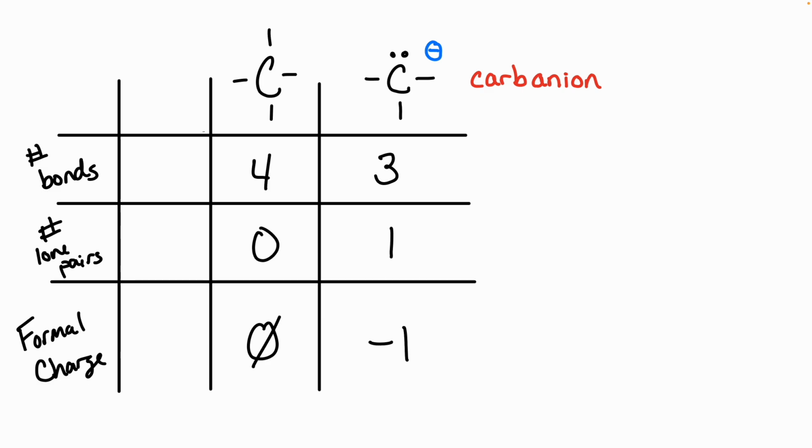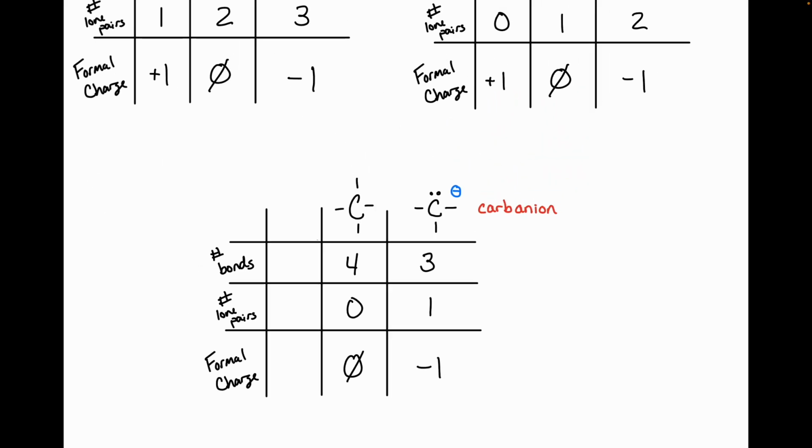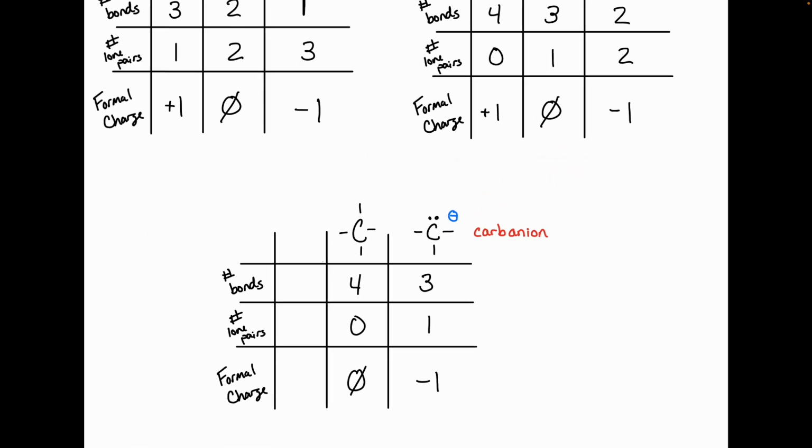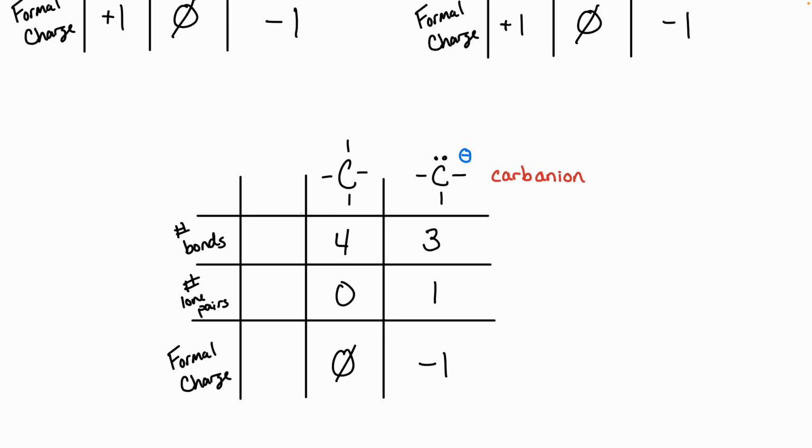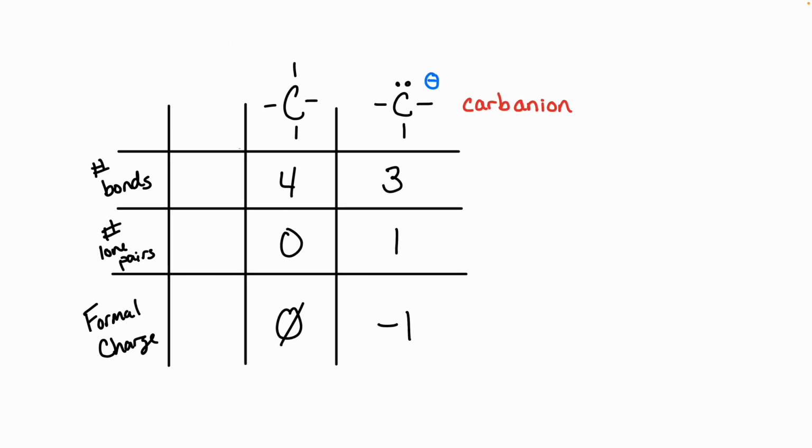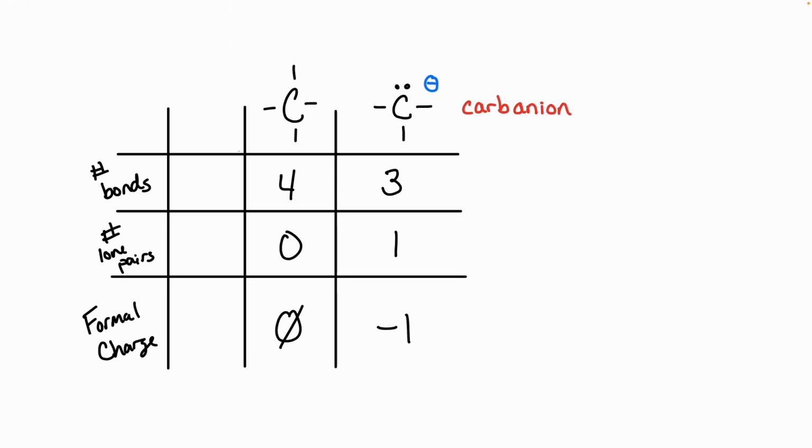Okay? So now, if we look, by analogy of what we did before, we were turning lone pairs into bonds. But I don't have any lone pairs to turn into bonds. Not only that, but saying carbon has 5 bonds is just ridiculous, right? I really hope I never see any structures drawn where carbon has 5 bonds, because that's like the fundamental rule of chemistry, all right? So a positively charged carbon is kind of a weird one.